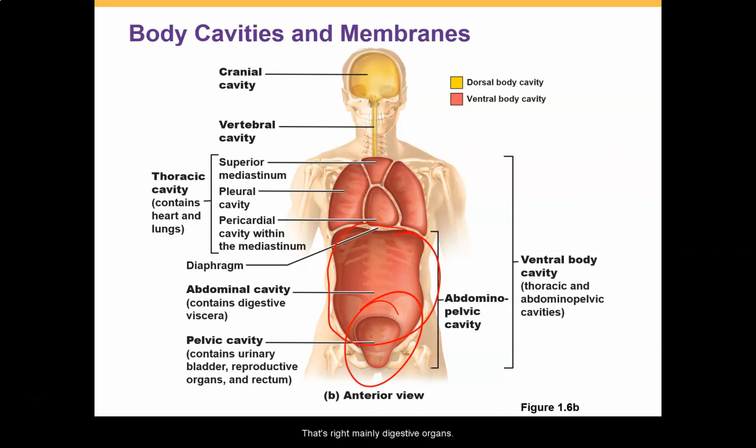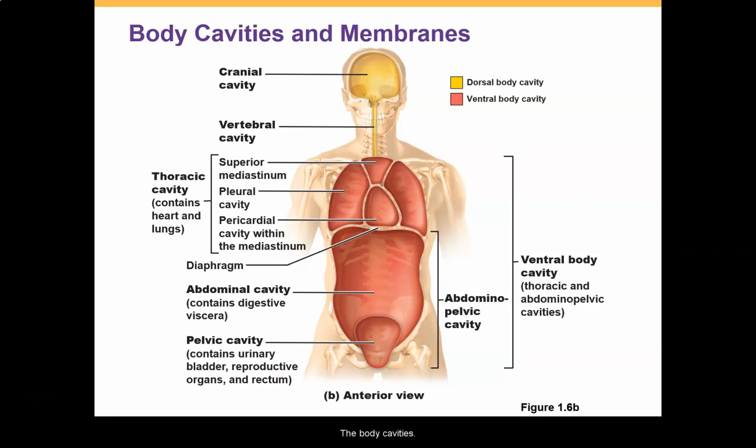That's right, mainly digestive organs. What about the pelvic cavity? Well, reproductive organs, but we also find urinary organs such as the bladder. We also have reproductive organs, which I just mentioned, but we also have digestive organs such as the rectum and the anus.